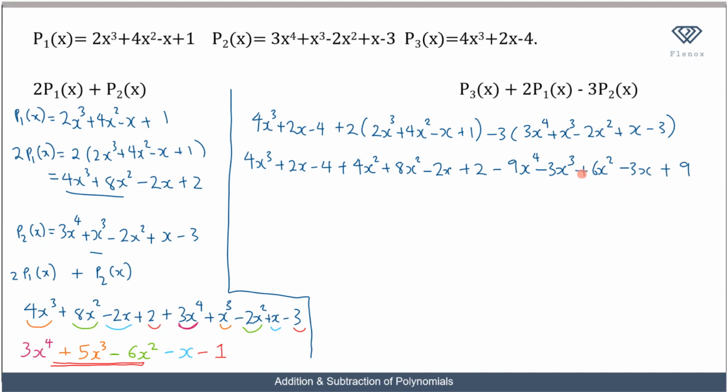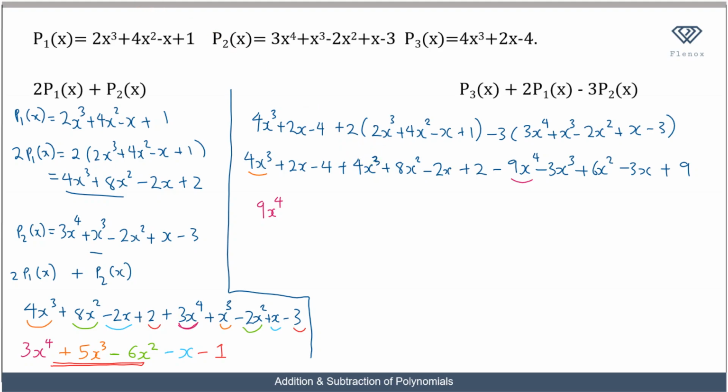So what do I do? I collect like terms now. The only term having the power of 4 is 9x raised power 4. So I have 9x to the power of 4. Then I go to my power of 3 now, and sorry, this is a cube here, there's a mistake here. So this multiplied by this is 4x to the power of 3.